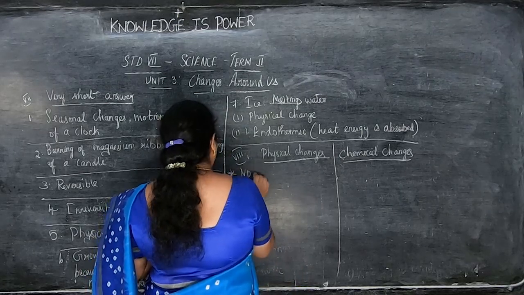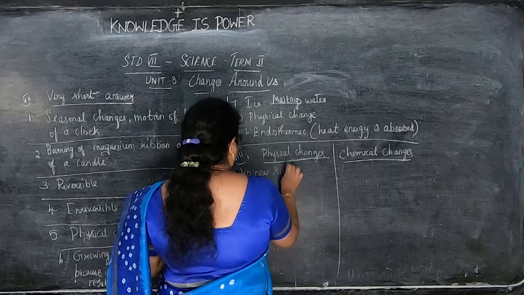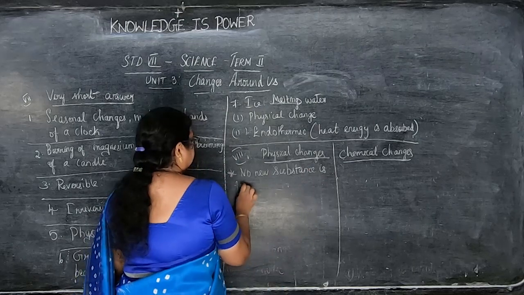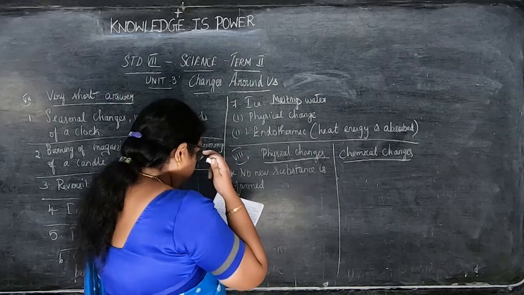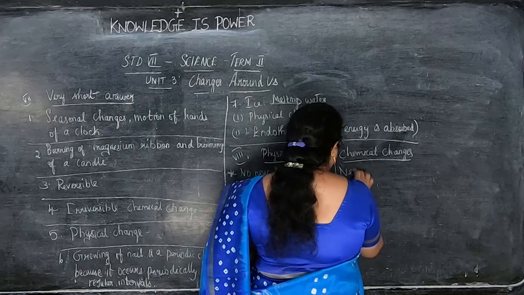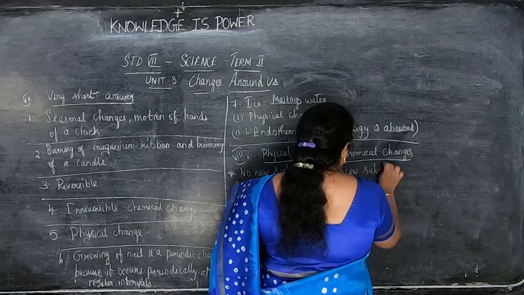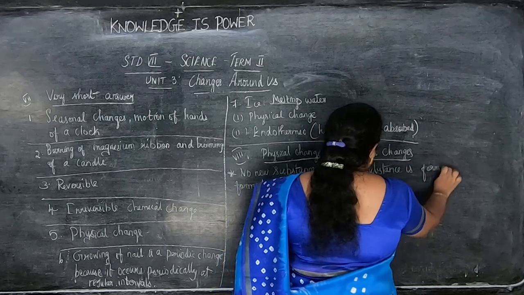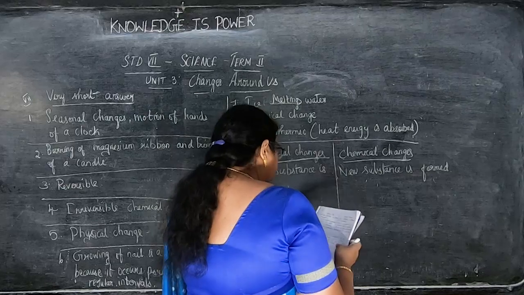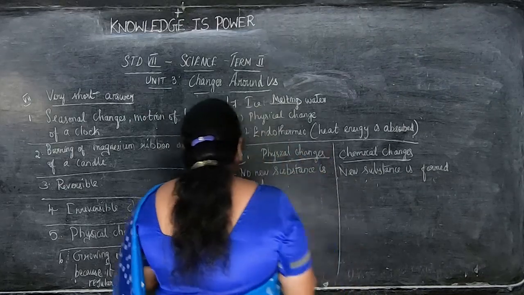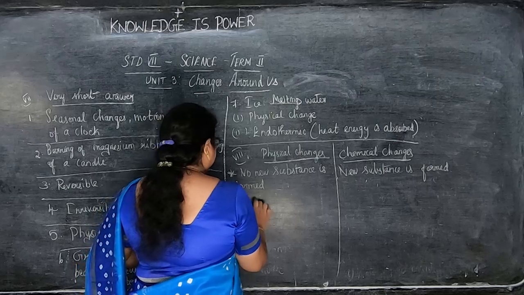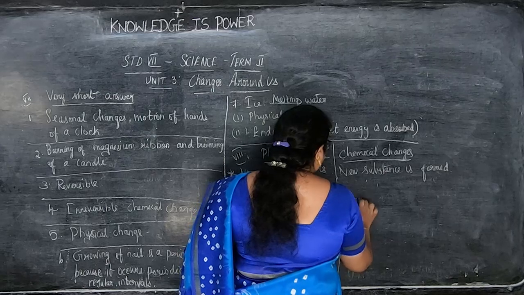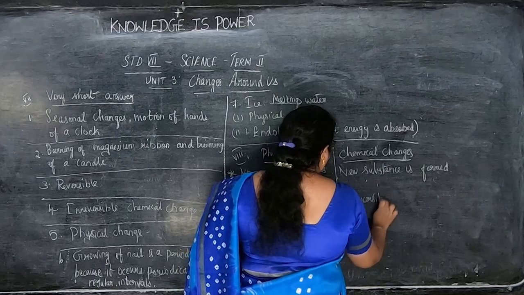First one, no new substance is formed. For chemical changes, new substance is formed. Reversible, irreversible.